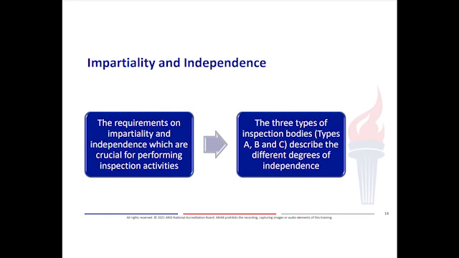These are crucial for performing the inspection activities, and each of the three inspection bodies, we call them Type A, Type B, and Type C, describe different degrees of independence from the organizations that they are inspecting. So let's talk about that just a little bit.